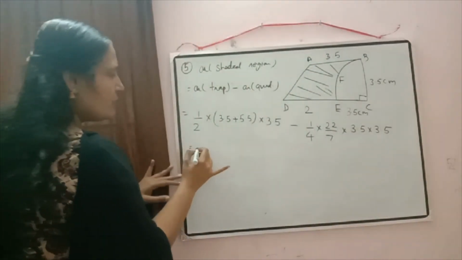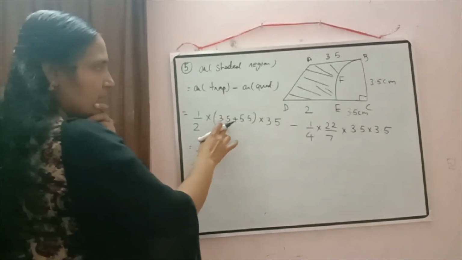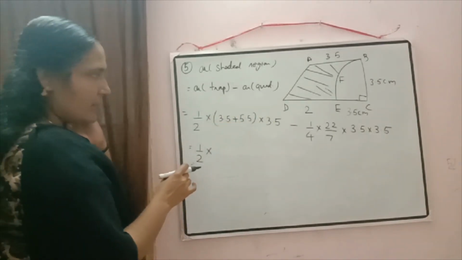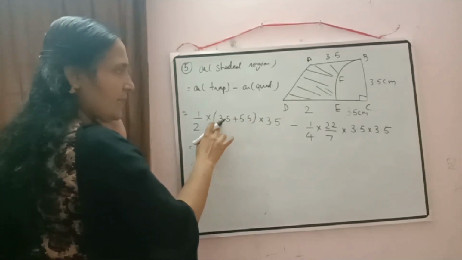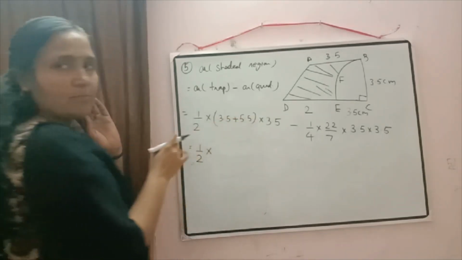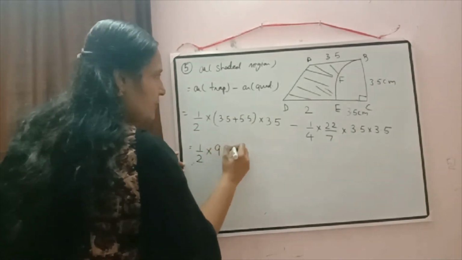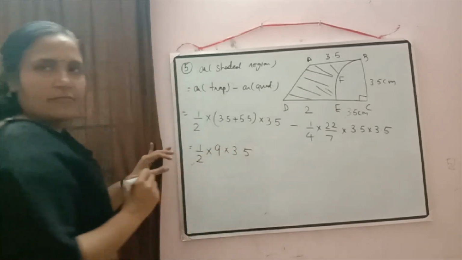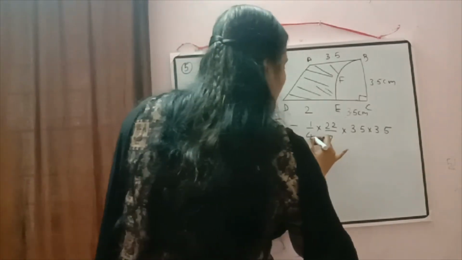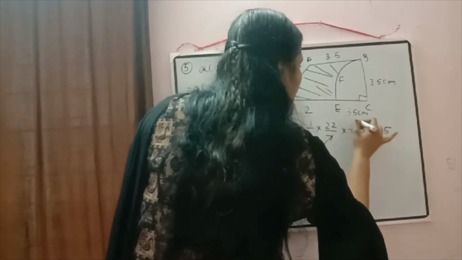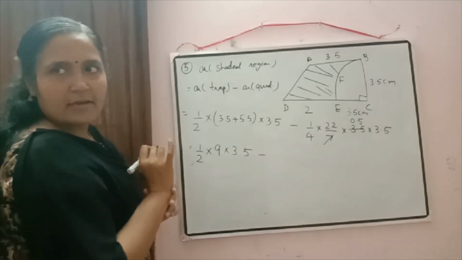Now we can check how we can do it easily. 1 by 2 into 3.5 plus 5.5. 5 plus 3, 8. 0.5 plus 0.5 will be equal to 1. So 8 plus 1, 9 into 3.5, minus here 7 and 3.5 we can cancel, so that will come here 0.5.